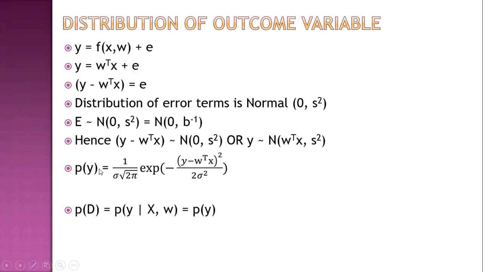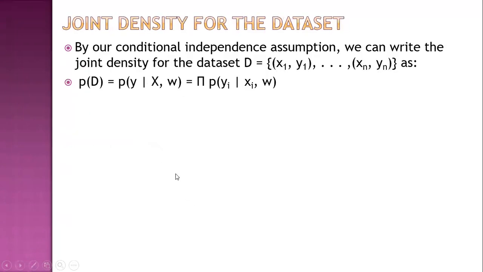So the probability of y is again given by this formula, which is similar to the formula for normal distribution, and sigma square is the variance. So the probability of data is equal to the probability of y, given that we have available input data and we have the parameter vector. We will see it later on.